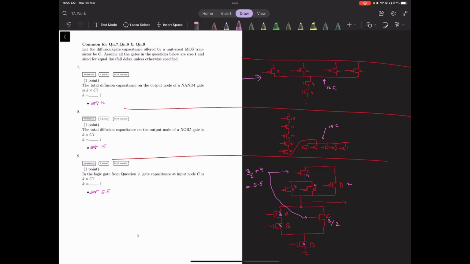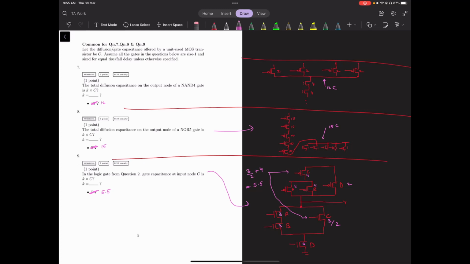So you can see on the right the circuit diagrams. You will see that the total capacitance of the output is 12C, right? Similarly for a NOR 5 gate, right? And the gate from question 2, which I have redrawn here for convenience, right?